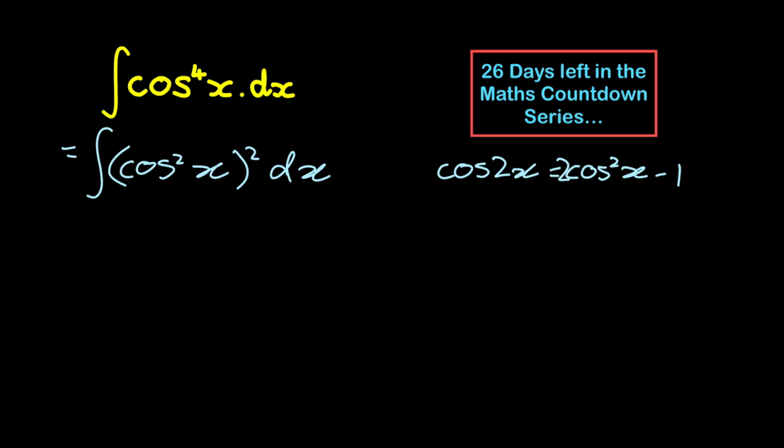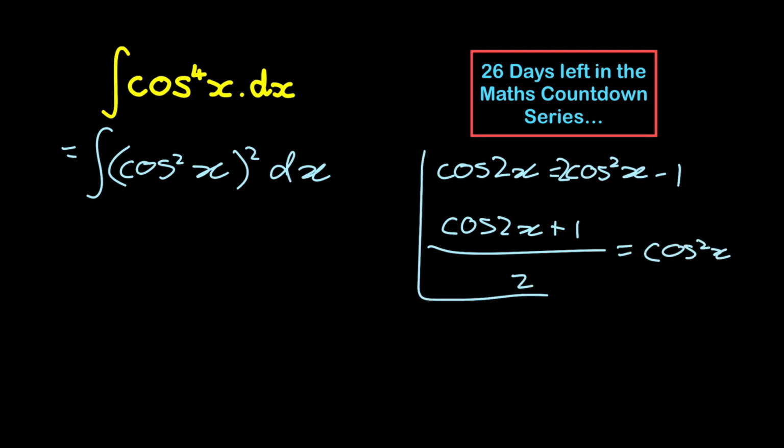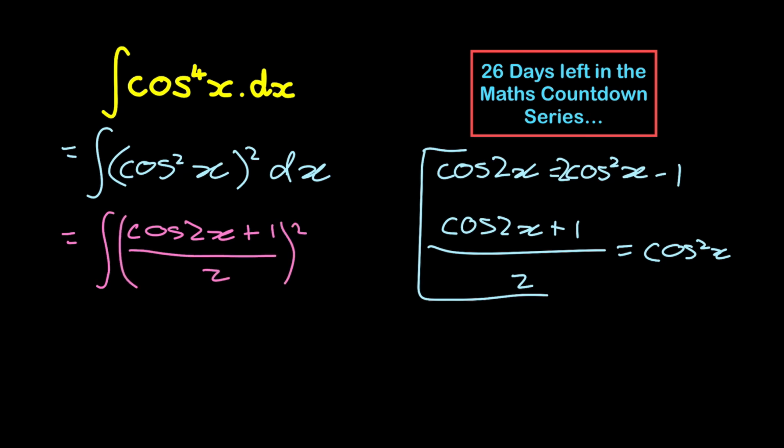So if we isolate cosine squared of x, we get cosine of 2x plus 1. I take that negative 1 across, then divide by 2, and that's equal to cosine squared of x. Now if we re-express this integral, it's the integral of cosine of 2x plus 1 all over 2, and that all squared.